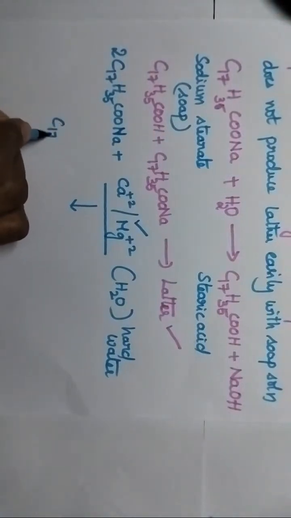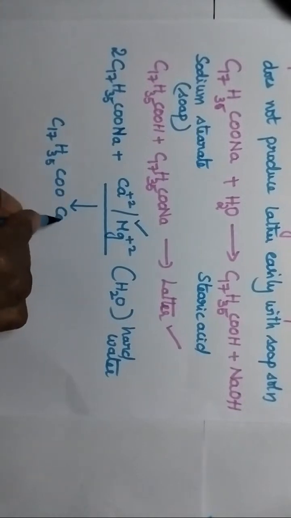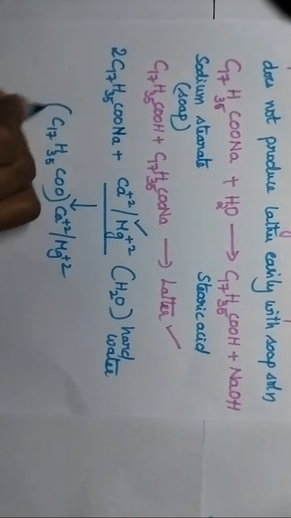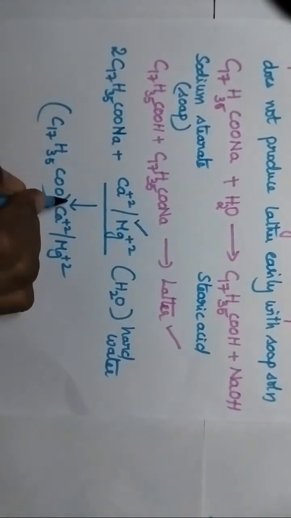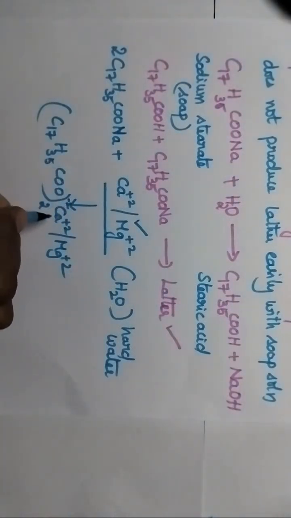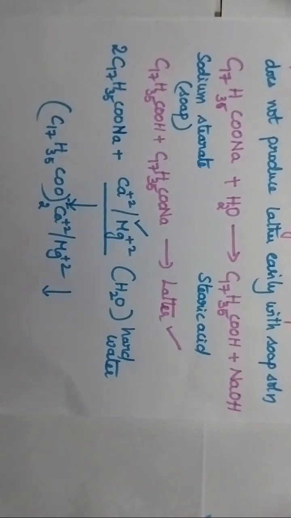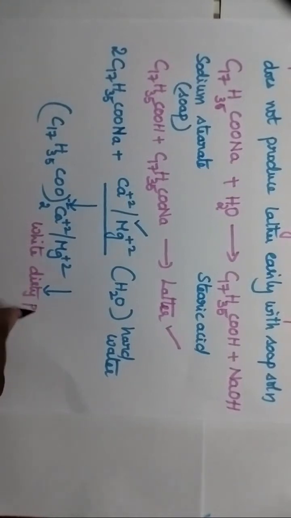Then it results in the formation of calcium or magnesium stearates, which is a white dirty precipitate.